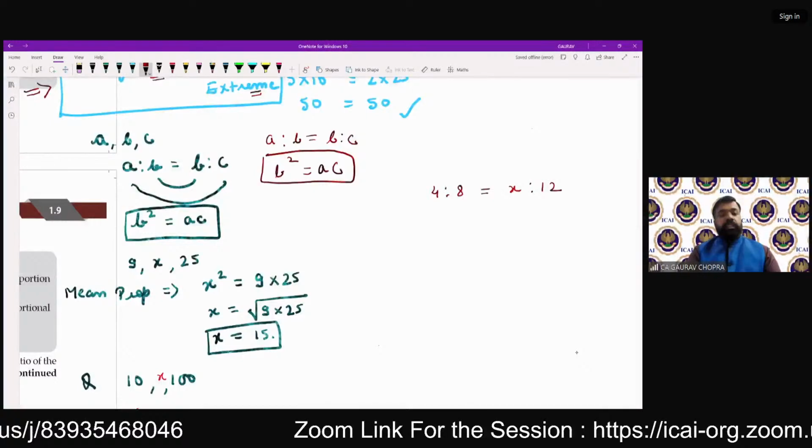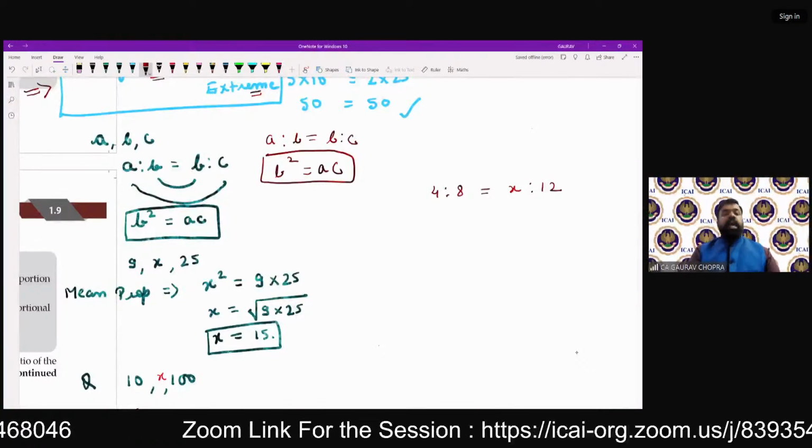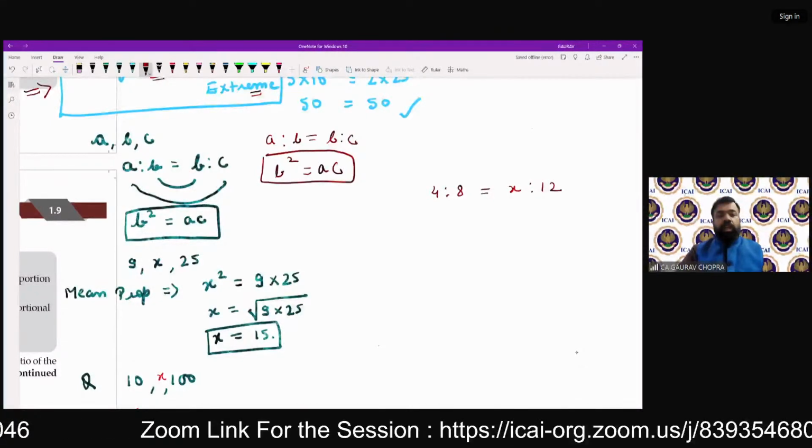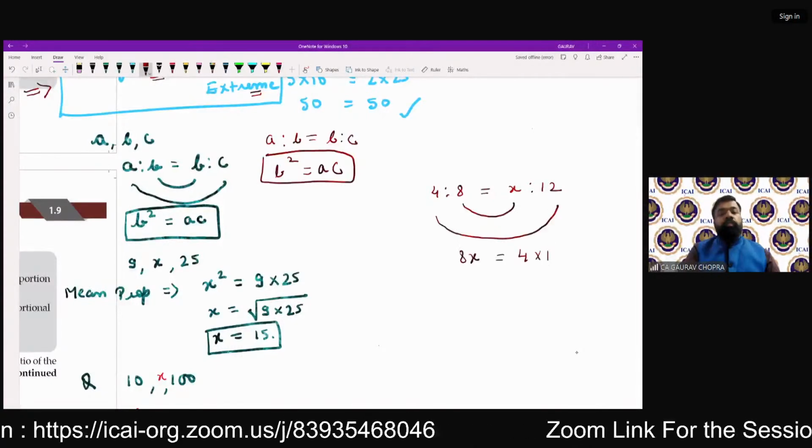Simply, product of means is equal to product of extremes. So 8x is equal to 4 multiplied by 12. Simplifying this, x equals 4 into 12 upon 8, and your result will be 6. So this is your missing figure, 6.